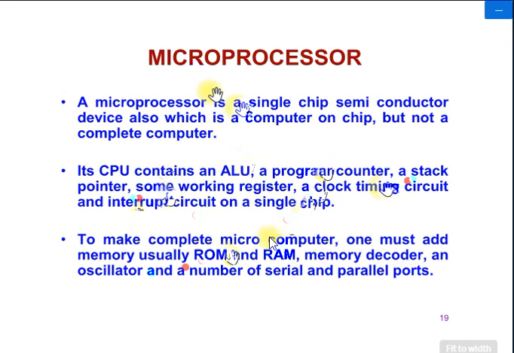Like, you consider a big hotel. In a hotel, all the rooms are indicated by a room number, and this room number is basically the address of the room. It may be vacant or it may be occupied.